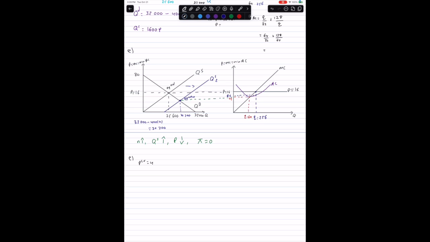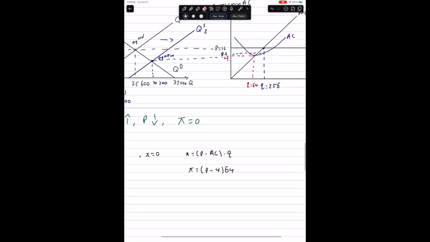Well, we know that in the long run, profit's going to be equal to 0, right? What is profit really? Profit is equal to price minus average cost times Q, right? So profit is equal to price minus 4, because we know the average cost is 4, times 64. We know we supply 64 units when average cost is minimized.